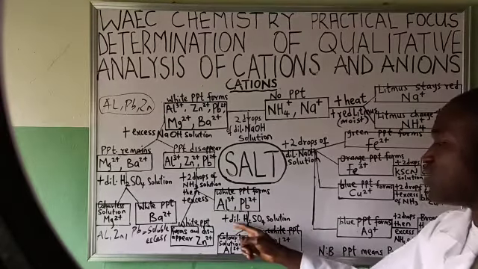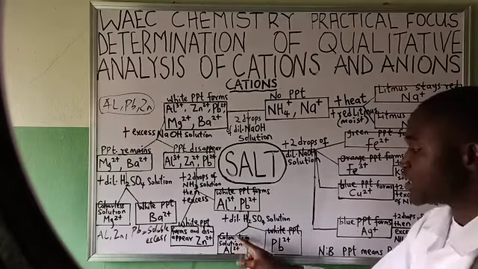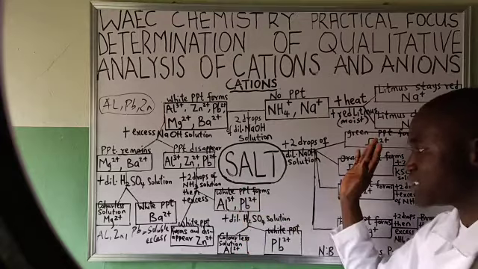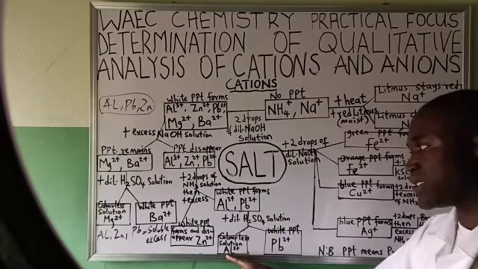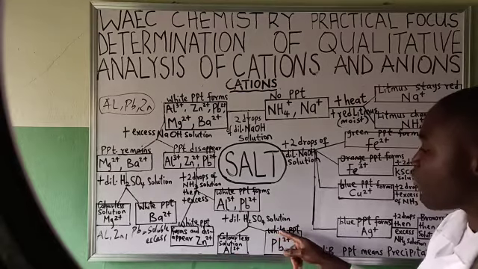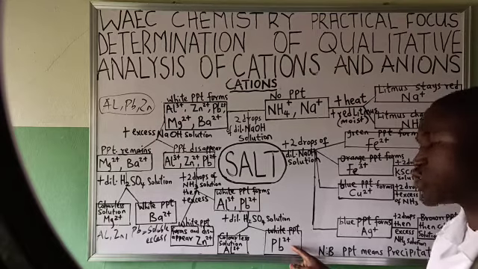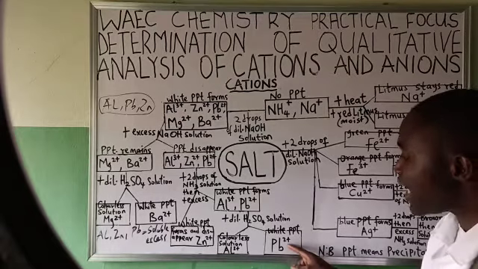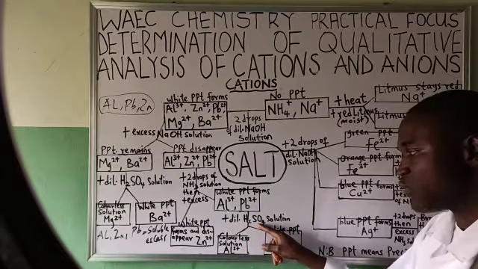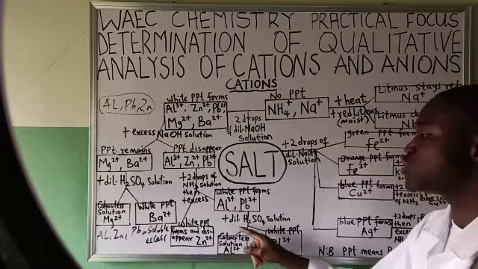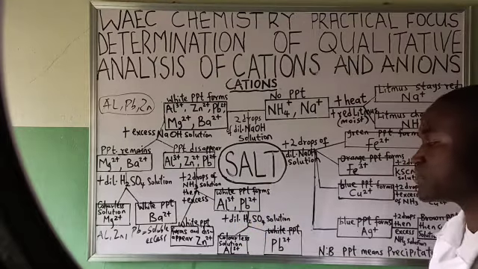If it is colorless, that is, the white precipitate disappears, aluminium will be suspected. But if a white precipitate is formed, lead will be suspected. That means lead is insoluble in dilute H2SO4, but aluminium is soluble in dilute H2SO4.